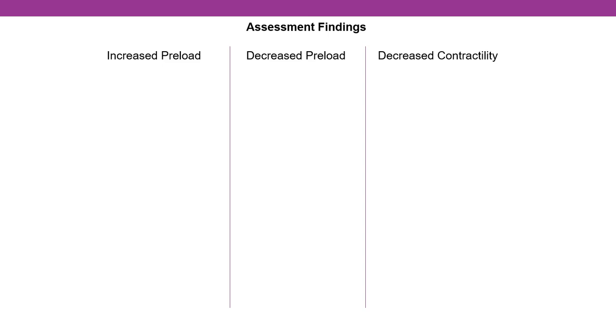I want you to write down patient signs and symptoms for increased preload, fluid volume overload. I want you to write assessment findings for decreased preload, fluid volume deficit. And then I want you to write signs and symptoms of decreased contractility, which we've talked a lot about in class already. Because if my CVP were low, these were the assessments I would expect to find.